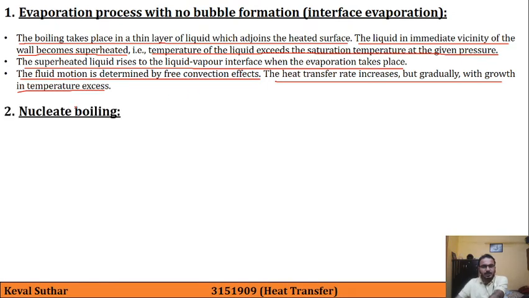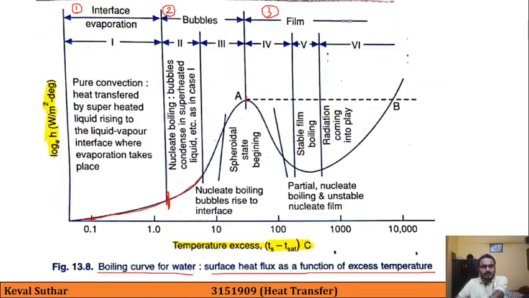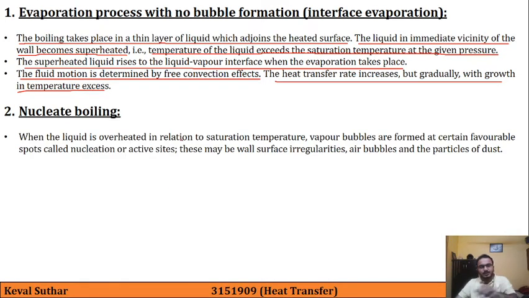Second case is nucleate boiling, and if we see in the figure, here also the heat flux keeps on increasing in this region. In nucleate boiling, when the liquid is overheated in relation to saturation temperature, the vapor bubbles are formed at certain favorable spots known as nucleation or activation sites. This is an important thing here, that vapor bubbles are formed at nucleation or active sites.